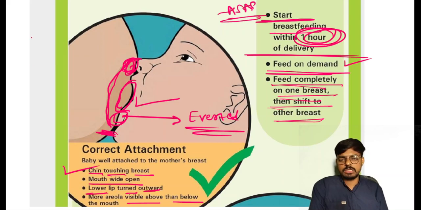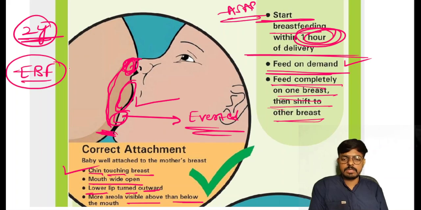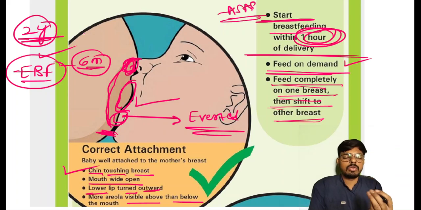Clear. So till how many years can we breastfeed the baby? Till 2 years we can breastfeed the baby. But the duration of exclusive breastfeeding is 6 months. What is exclusive breastfeeding? Exclusive breastfeeding is only breastfeeding, that is, only mother's milk is provided to the baby, other than medically indicated medications.